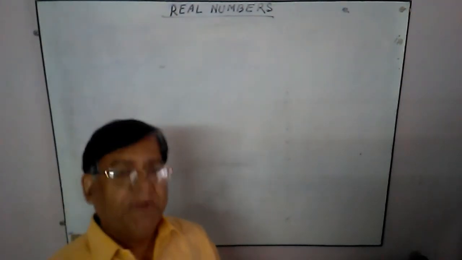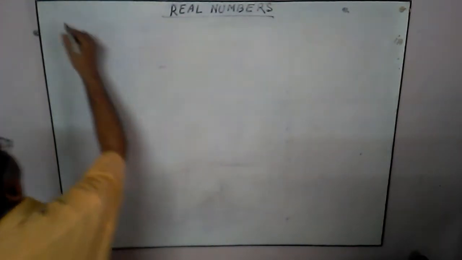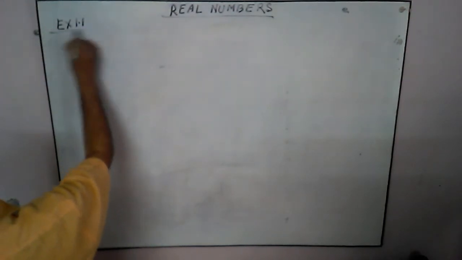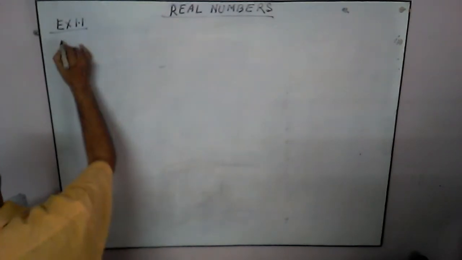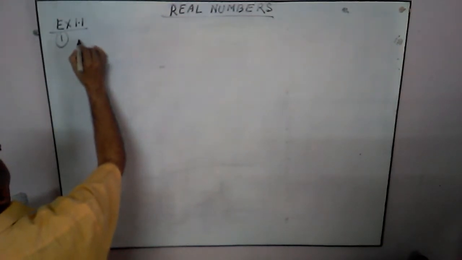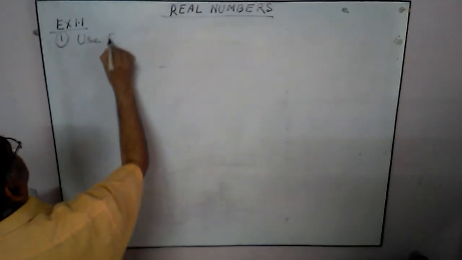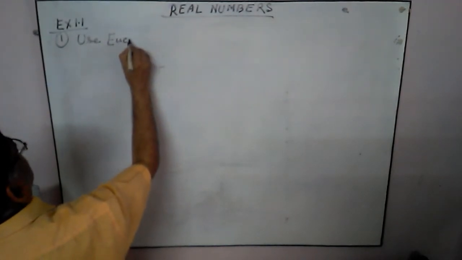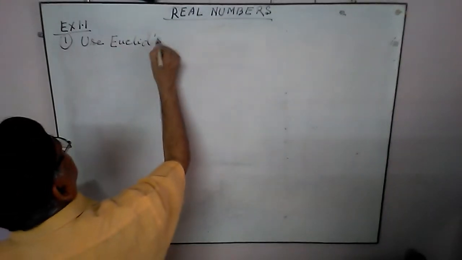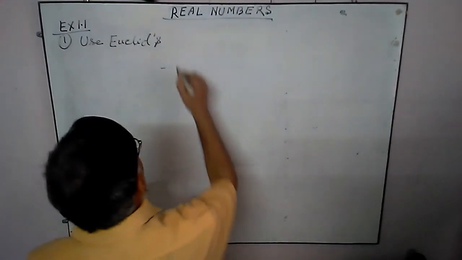So first of all, we will do one sum. Use Euclid's division algorithm.